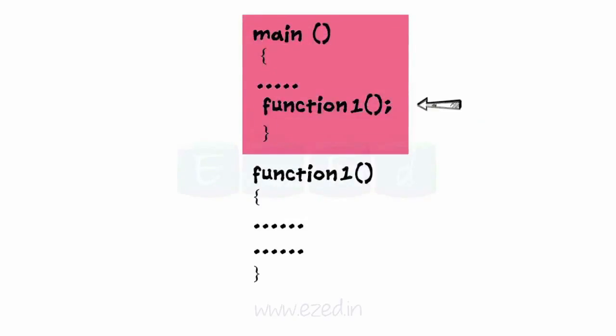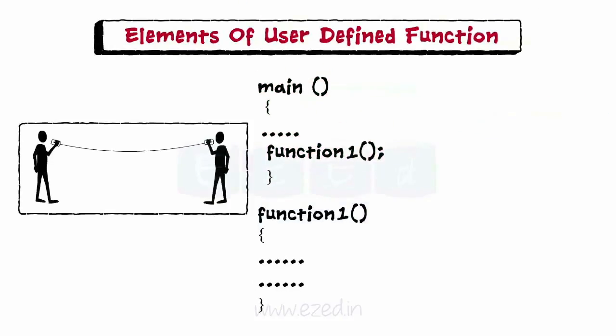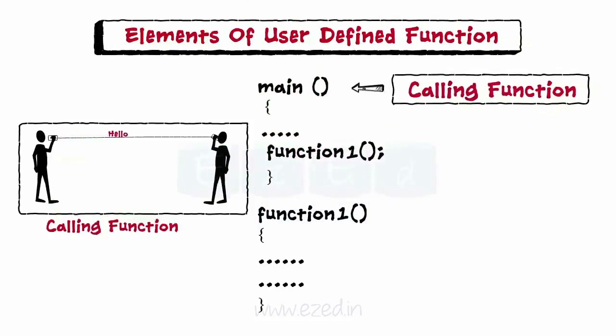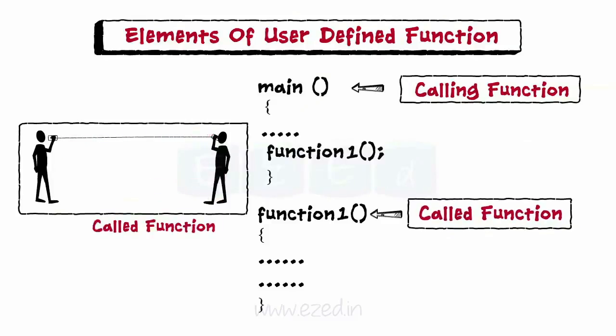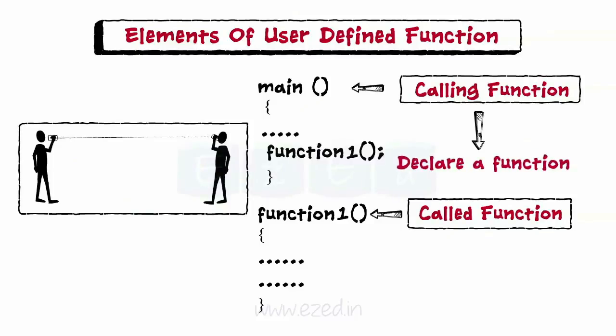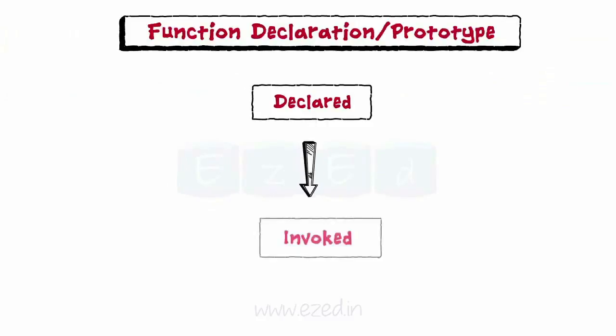This is called a function call. The program or function that calls a function is called the calling function, while the function that is called is termed the called function. The calling function must always declare a function which it will use later in the program. This is called function declaration. All the functions must be declared before they are invoked.